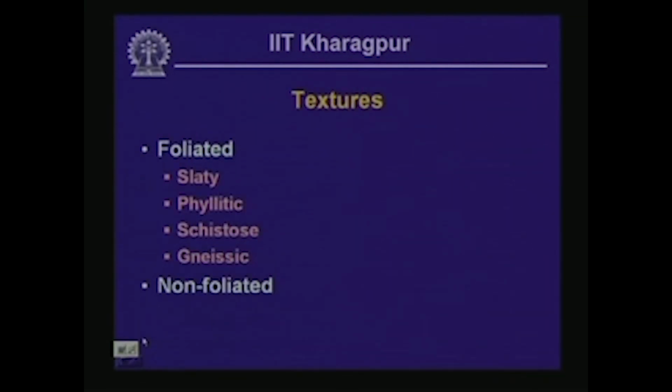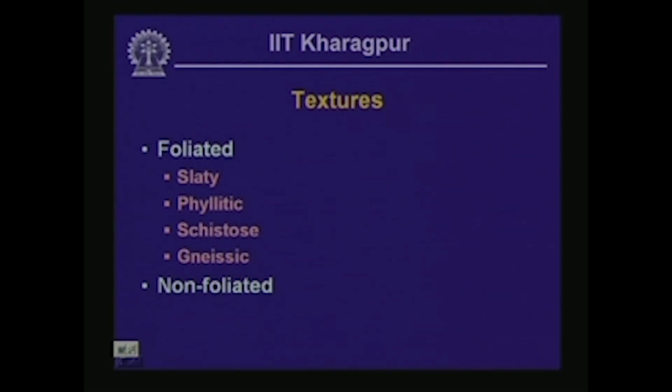Okay. Now, textures of sedimentary rocks. So, we have already mentioned that sedimentary rocks could be foliated or non-foliated. Foliated if they actually have got a layered structure, and otherwise they are called non-foliated. Now, there are different types of foliated structure like slaty.